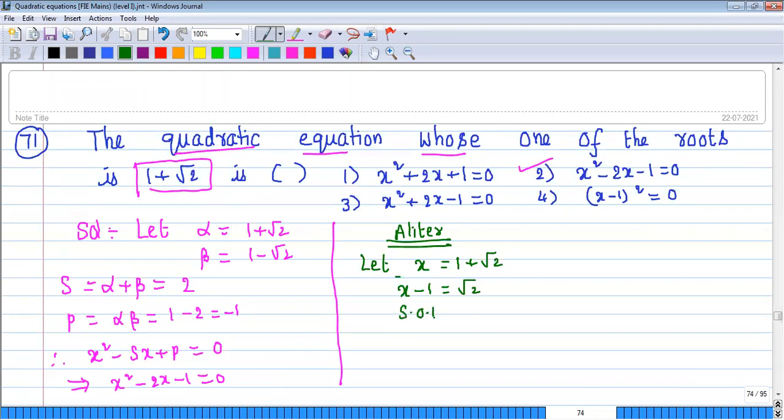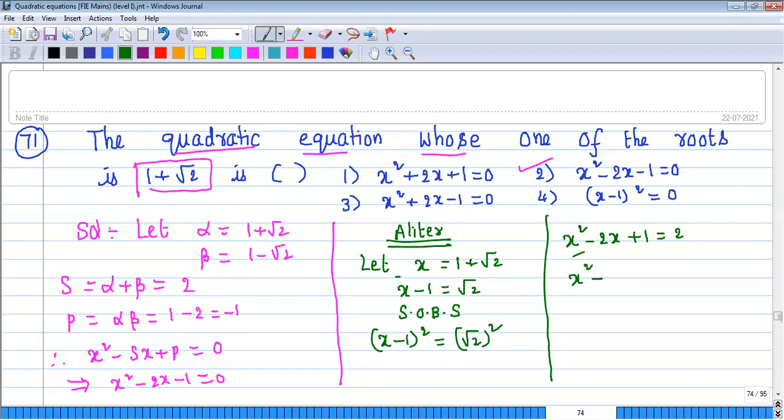Squaring on both sides, you get x minus 1 whole square equals root 2 whole square. Now x minus 1 whole square can be written as x square minus 2x plus 1 equal to 2. Bring 2 to this side, so x square minus 2x minus 1 is equal to 0. This is the answer. I hope you have understood this question.